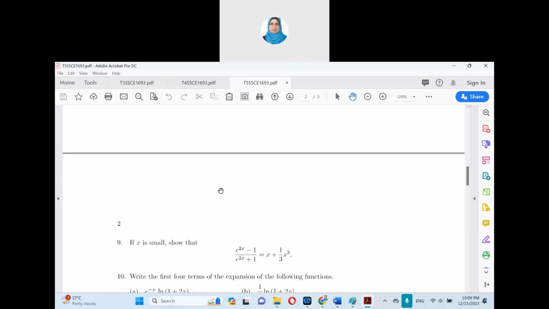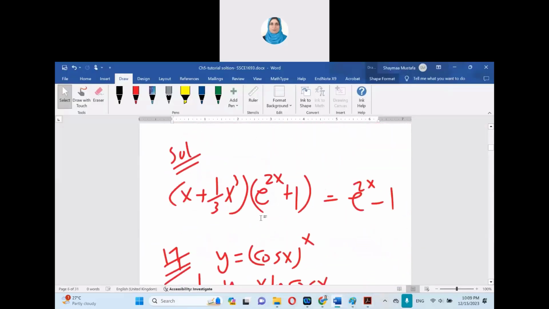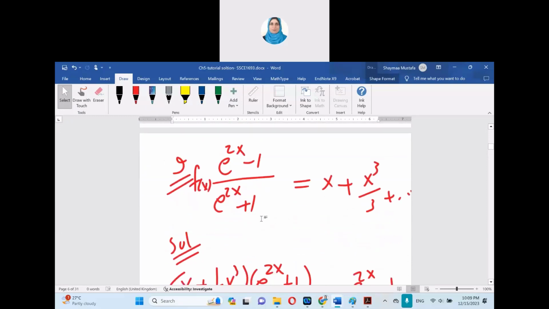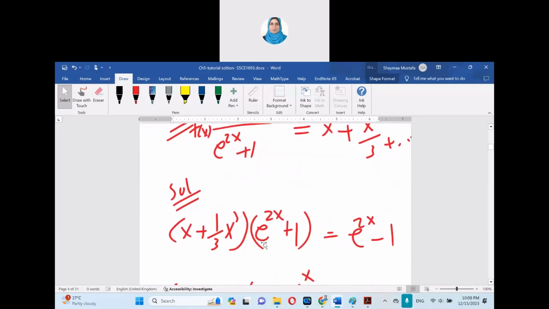Do you prove e to x minus 1 over e to x plus 1 as a function, or do you prove by using this one?